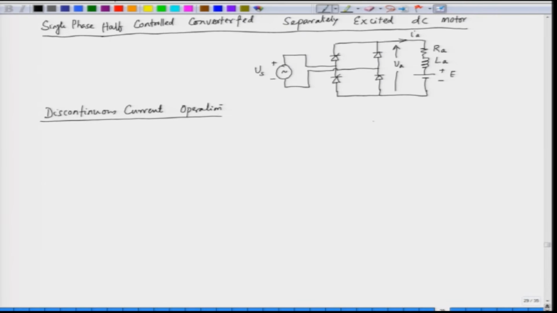So, if we see the operation of this converter, we have the input supply which is a sine wave, this is the negative of that supply, and we have a back EMF which is E, and we trigger at an angle alpha here, this is pi and this is pi plus alpha.